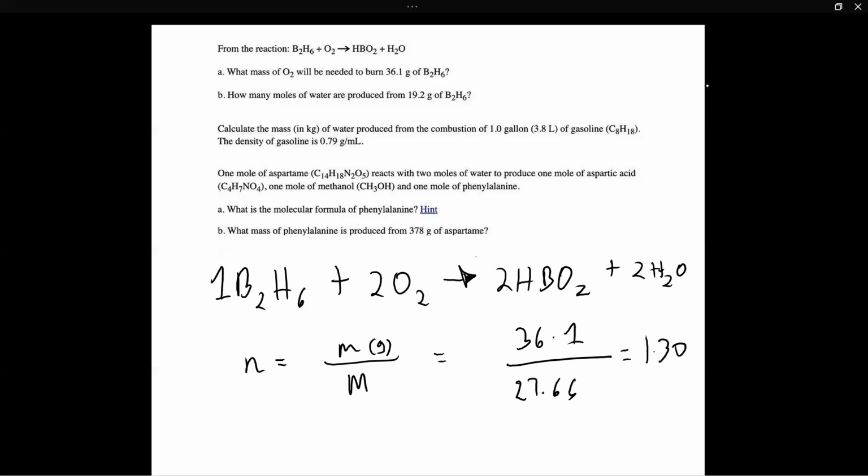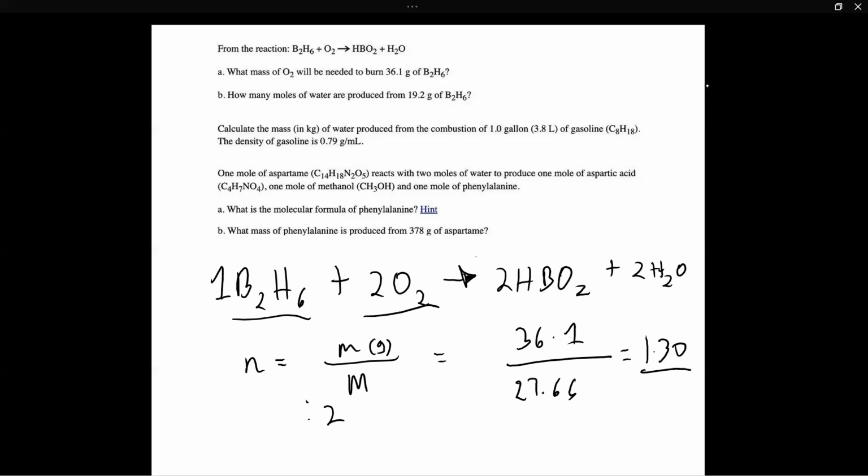All right. Now, in order to calculate the mass of O2, we need to find how many moles of O2 there are first. We know the number of moles of B2H6, which is 1.30, and we see that the molar ratio of B2H6 to oxygen is 1 to 2. So for every 1 mole of B2H6, you will require 2 moles of oxygen, or O2.